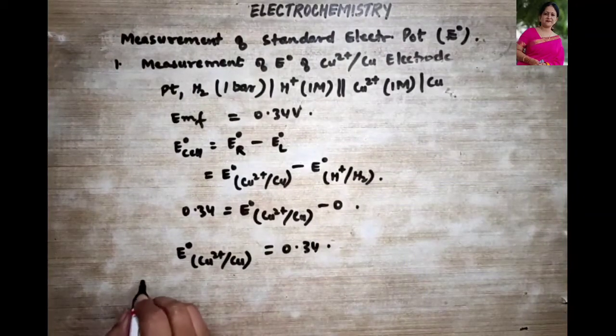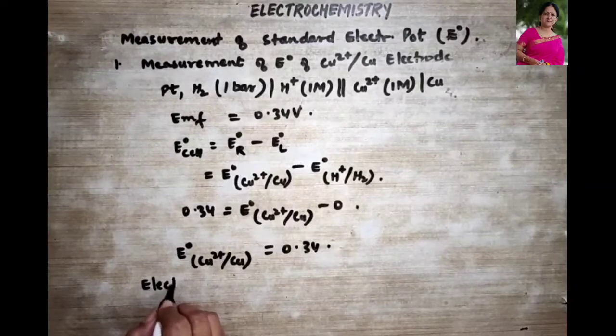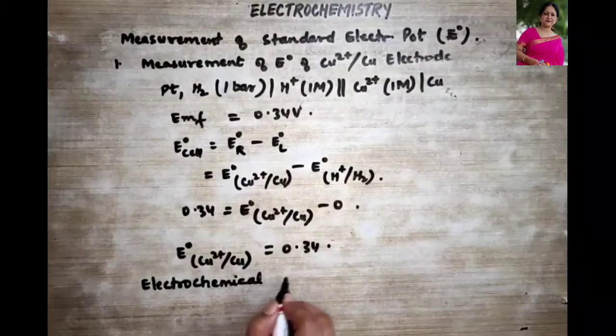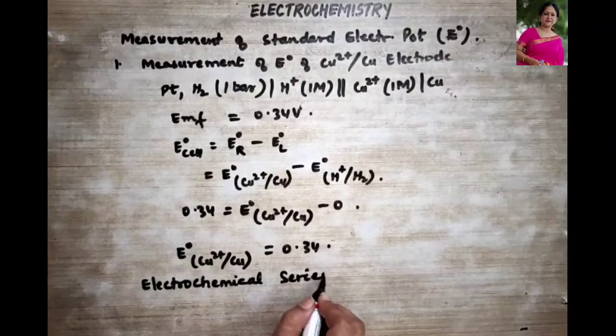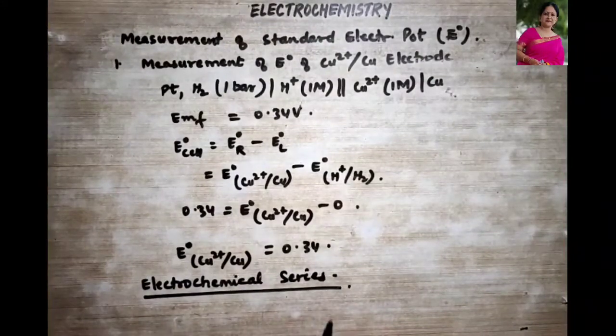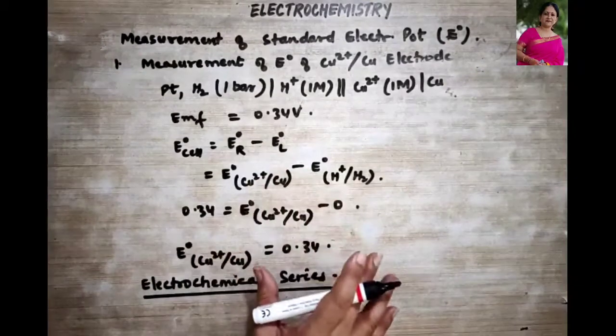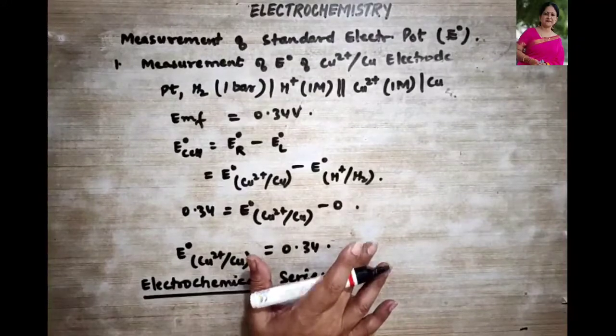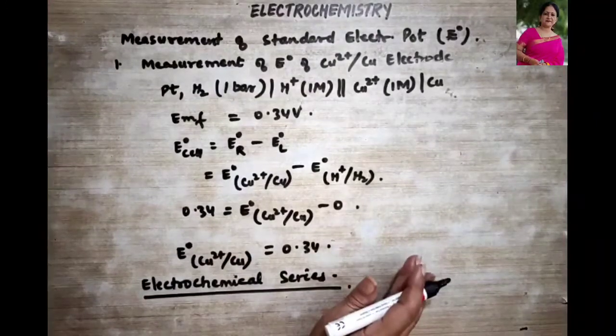Now we talk about the electrochemical series. So what is your electrochemical series? The arrangement of various electrodes in order of the increasing values of the standard reduction potential. It is called your electrochemical series.